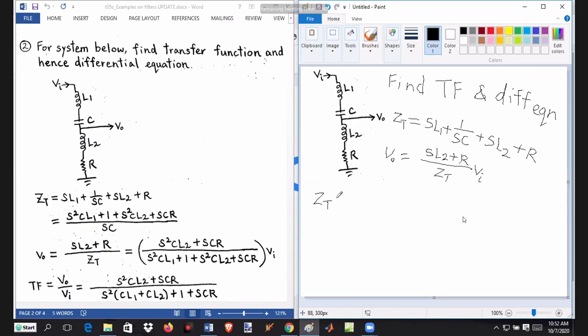ZT is equal to S square. Now the S square is coming in already. Do it step by step, otherwise you don't see the thing.